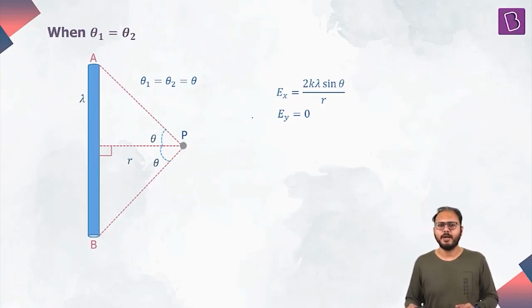Very, very important point. For a uniform shape, uniform size, and uniformly distributed charge system, electric field will always be along the unique line of symmetry.